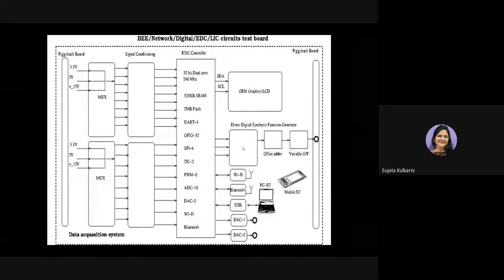That is not good enough to drive most of your op amps or transistors, in a subject like EDC, right? So you need amplification as well as offset value addition, because a function generator lets you change not only the nature of the waveform, but also the amplitude as well as the DC value. You should be able to change it.